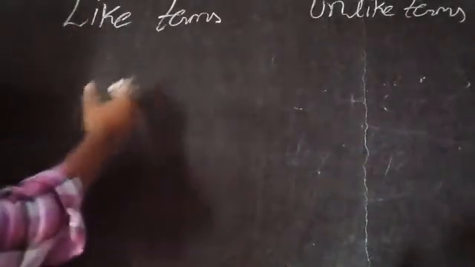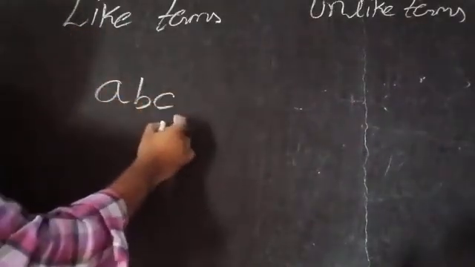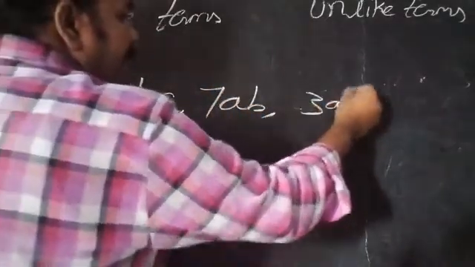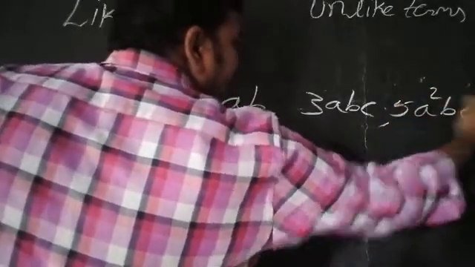Otherwise, we call them unlike terms. For example, in this one, unlike terms: abc, 7ab, 3abc, 5a square bc.